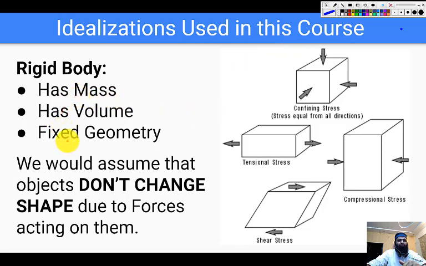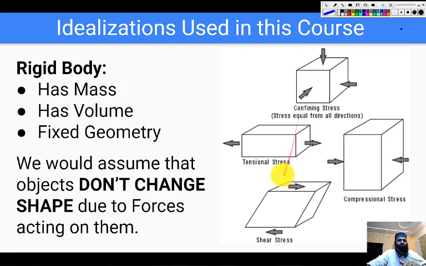The next idealization we'll be using in this course is that of a rigid body. When I say rigid body, I mean something which has a mass and a volume, but which has a fixed geometry. The geometry of the system does not change. Again, this is also an idealization. If we have a box, anytime there is a force on the box, the shape of the box would change because of the force.